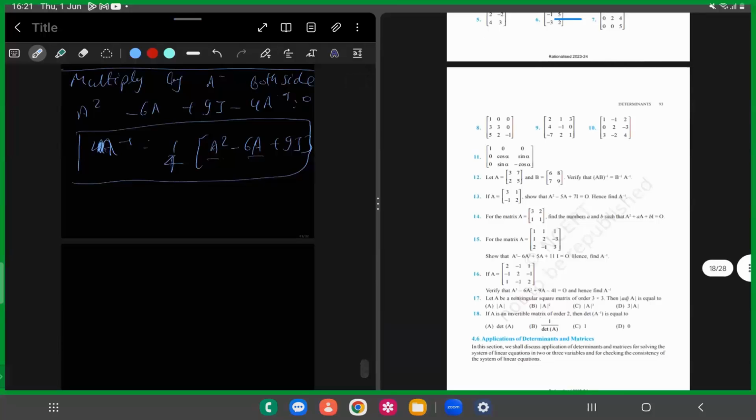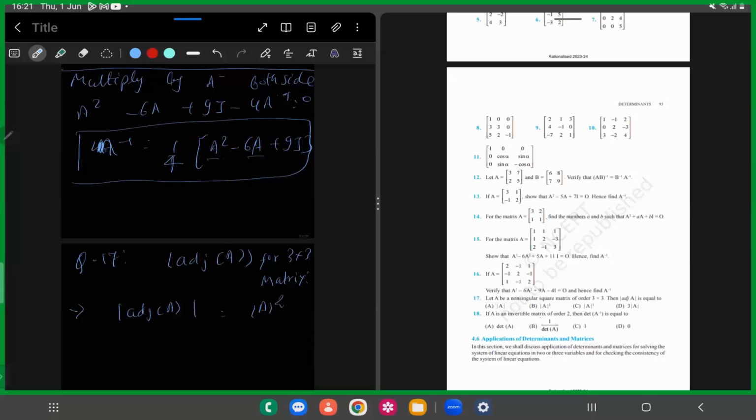And for question number 17, you have to find the determinant of adjoint of A for a 3 by 3 matrix. Like we have already derived in the starting of the adjoint part, we had obtained that determinant of adjoint of A is equal to determinant of A square.